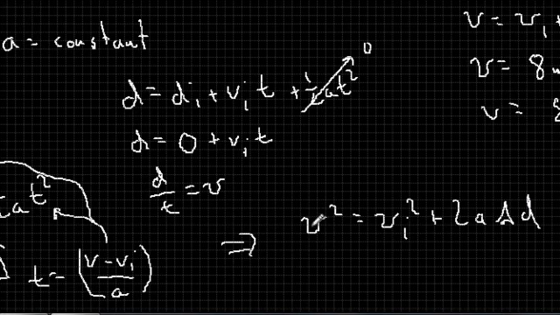The square of the final velocity equals the square of the initial velocity plus 2 times the acceleration times the change in displacement. And this is a really nifty tool because it doesn't have time in it, so you can solve some problems where the time's not given. In fact, it ends up being a shortcut.